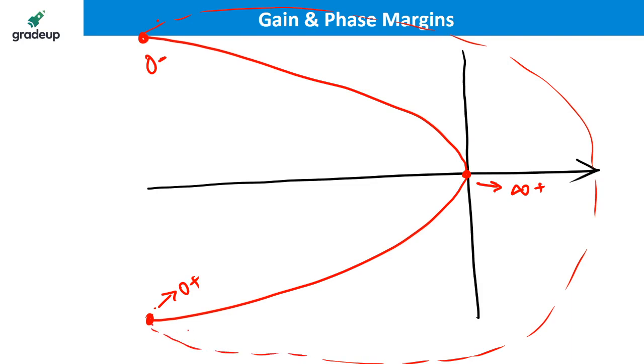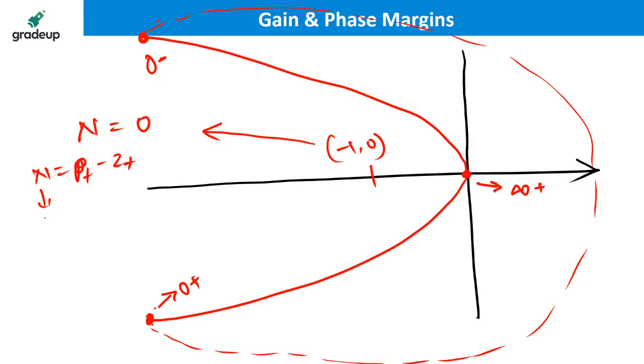This is actually the complete Nyquist plot. Where is my point? Minus 1 comma 0, guys. Okay, is it being encircled? Looking from the minus 1 comma 0, I will say that no, it is not encircled, because 0 minus is above the x-axis, 0 plus is below the x-axis. So it is not encircled. So N is equal to P plus minus Z plus, N is also 0, P plus is also 0.